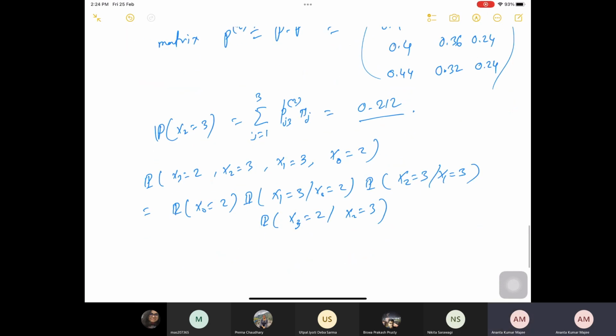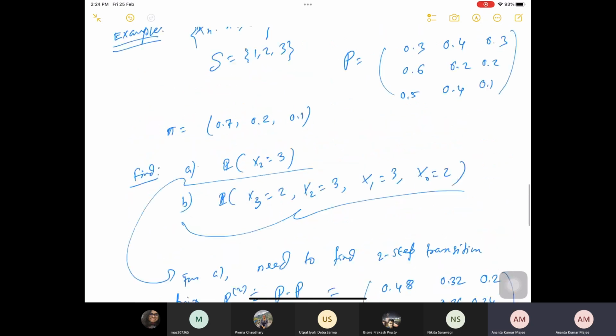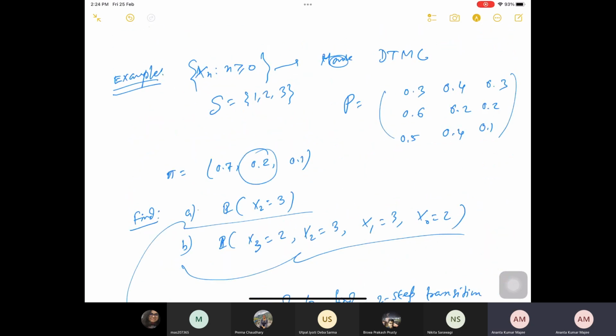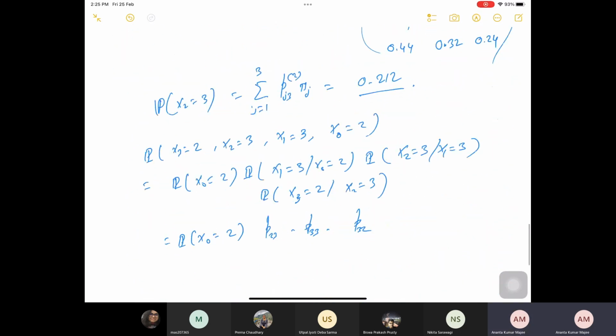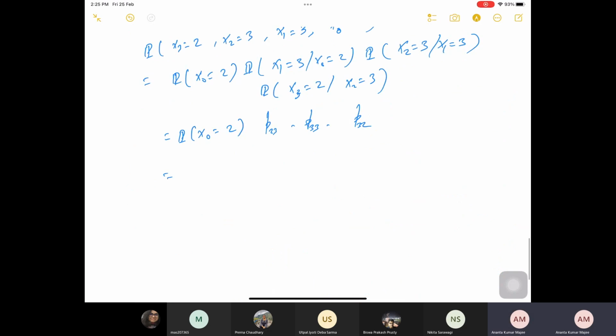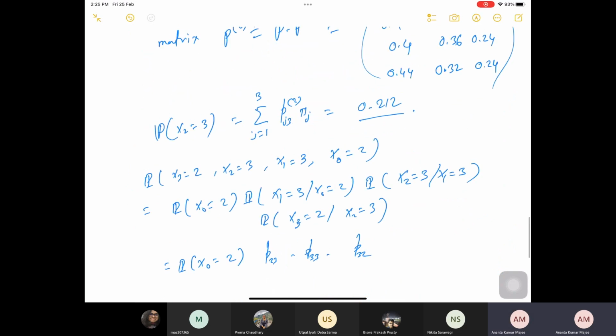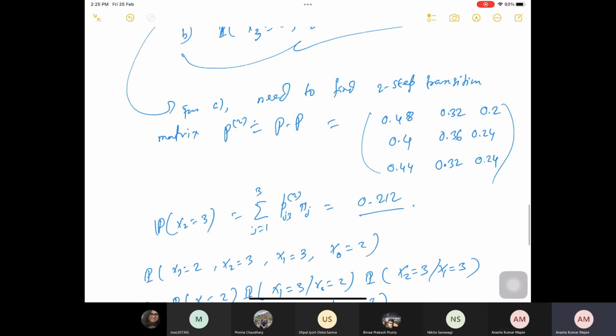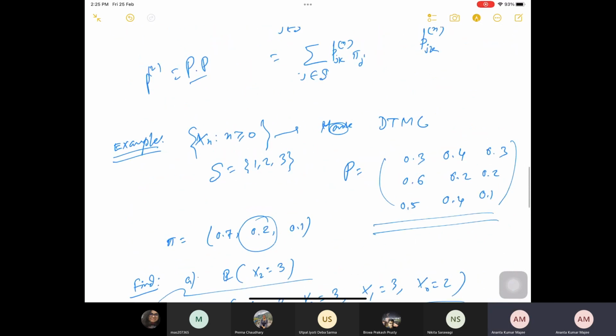Is it not? So this is nothing but the probability of X0 equal to 2, and then p23, p33, and then p32. So p0(2) is basically pi of 2. Now pi is given to you, so pi of 2 is nothing but 0.2. Now p23, p33, p32 you can find from your transition probability matrix P, which is given to you. Is it not?